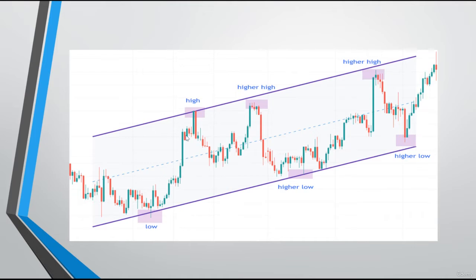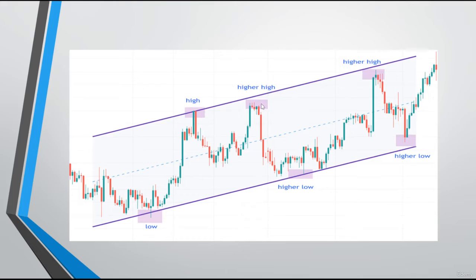Anyway, after this reaction, we could see we have a kind of bullish trend, and the price is increasing up to the point. So this is the first high. And as you can see, the price is high because we compare this price with the previous reaction, which was low. So again, we have another reaction to this line, and we can call it higher high.